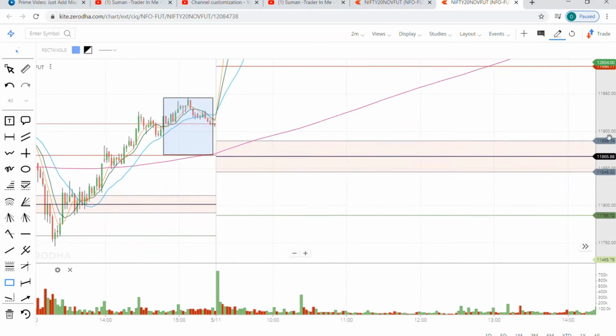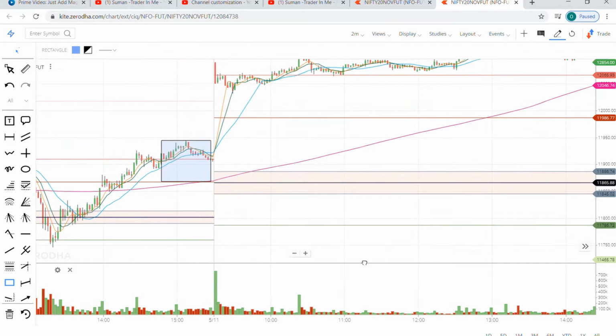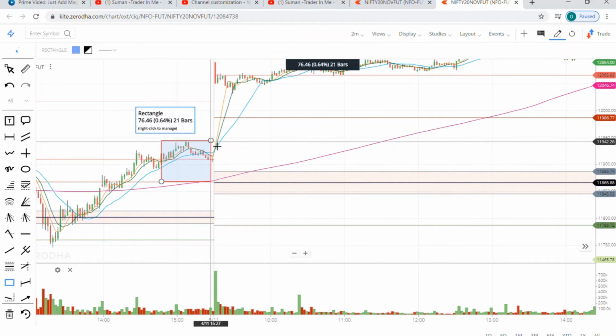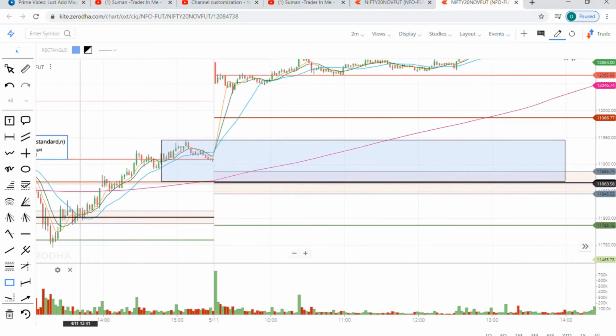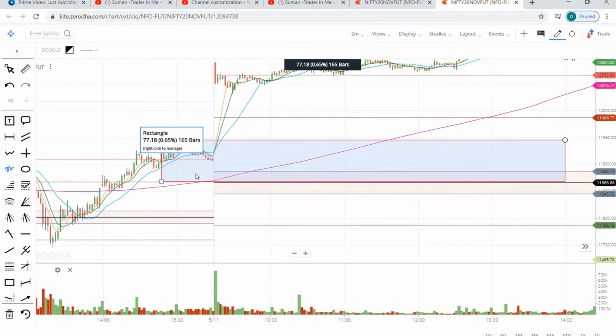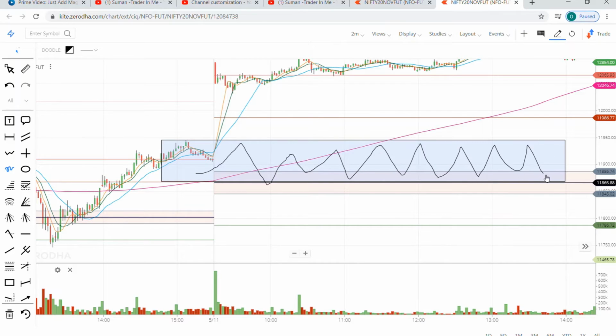Now you need to extend this rectangle to the next day, before the market actually starts, and you need to treat this as a kind of resistance zone. If it opens below this, you can go bearish. If it opens above, you can go bullish. This is what I explained for the 4th November chart also. The same thing I'm talking about for 5th November.